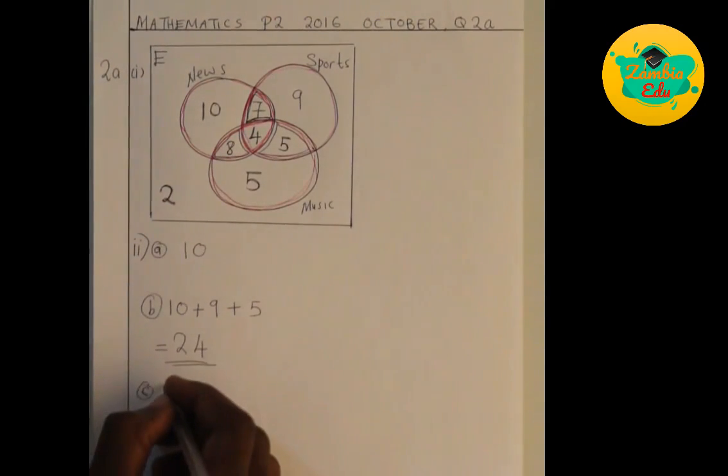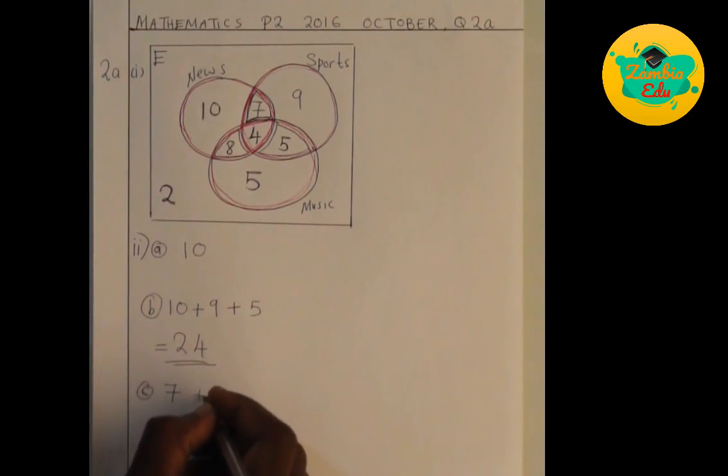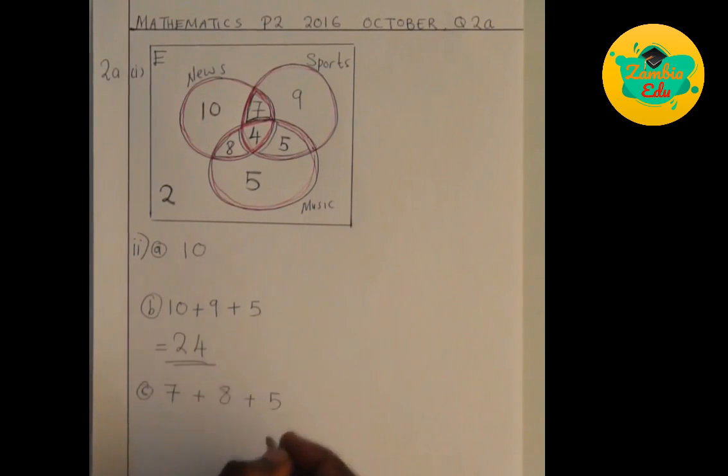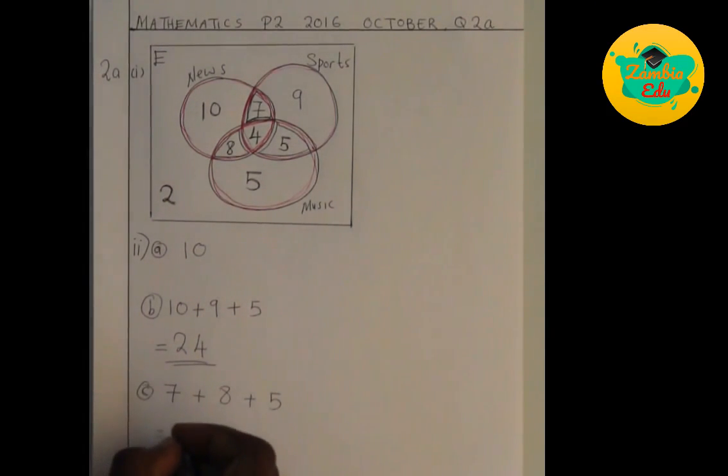So what we are going to do is 7 plus 8 plus 5. 7 plus 8 is 15, and 15 plus 5 gives us 20.